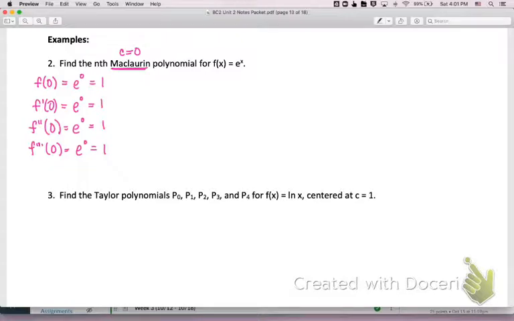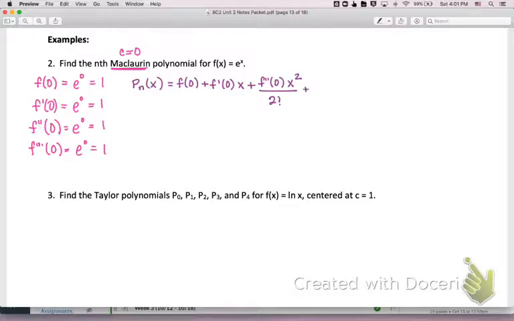In general here, the nth polynomial at x for this approximation is going to start with f of 0 plus f prime of 0 x plus, again, 2, 2, 2. So it's going to be f double prime of 0 x squared over 2 factorial.